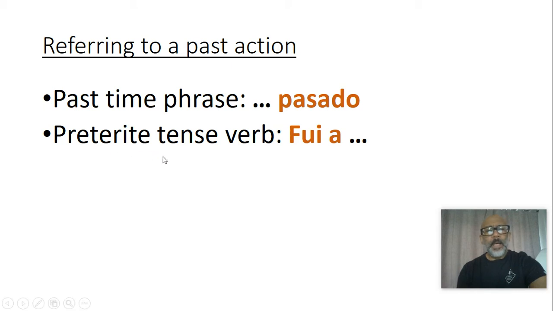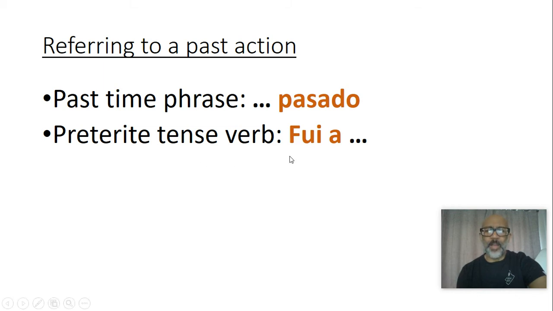So a lot of people find it quite tricky to remember all the different ways of forming the past tense or the preterite tense in Spanish. Things like swapping the AR for an E with an accent, or swapping the ER or the IR with an I with an accent, or even all the irregular forms of the verb. A lot of people find that quite tricky.